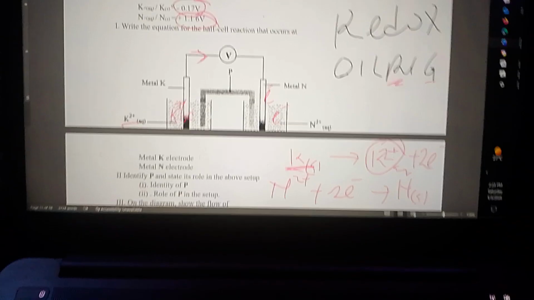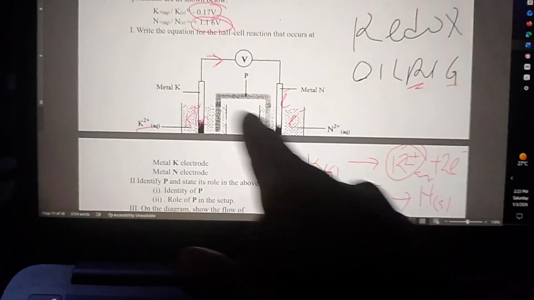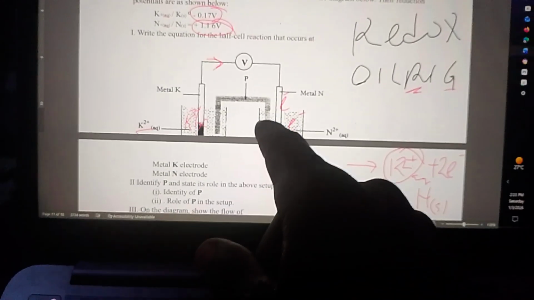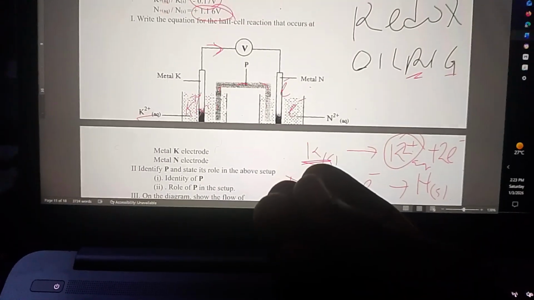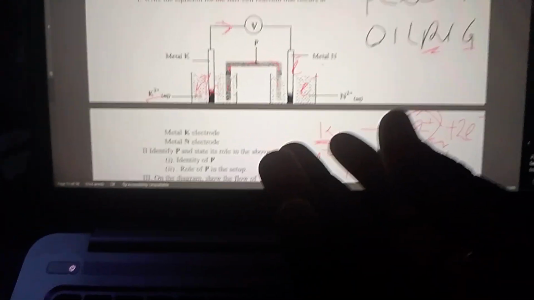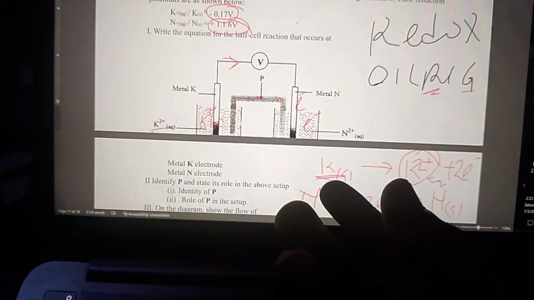The moment you connect these two cells together using a copper wire, then in between here you are going to use just a piece of paper. That piece of paper will be dipped in potassium nitrate, and it is going to act like a negative terminal. This is a negative terminal here, and this is a positive terminal that is carrying the electrons here, and this is just supposed to be completing the circuit.